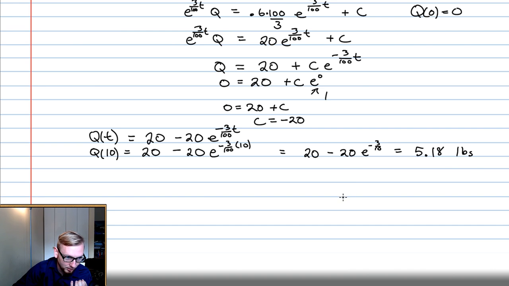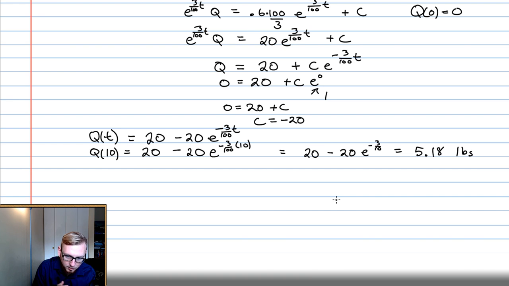Now, what's our second part? The second part of the question is, does the amount of salt approach a limiting value as time increases? If so, what is this limiting value, and what is the limiting concentration? So basically, as time goes on, what does it reach?